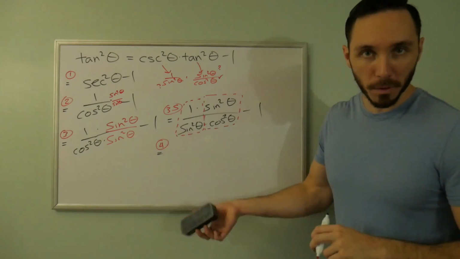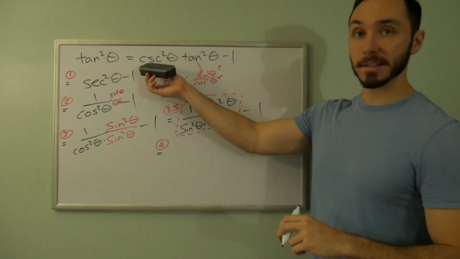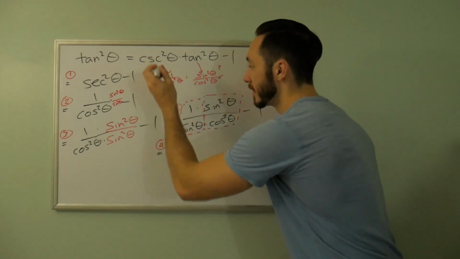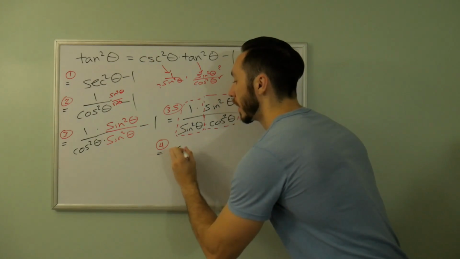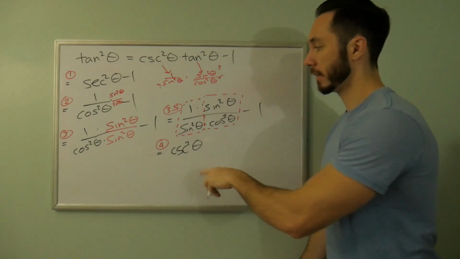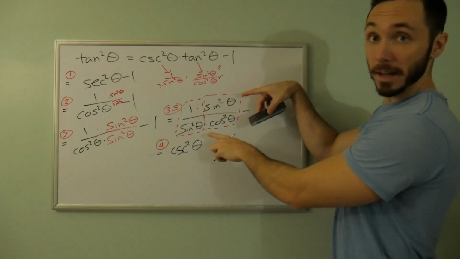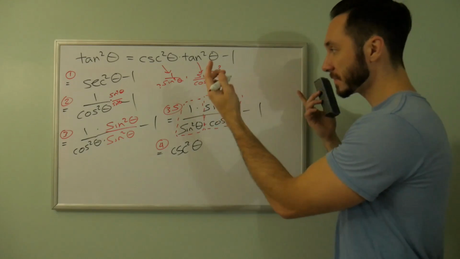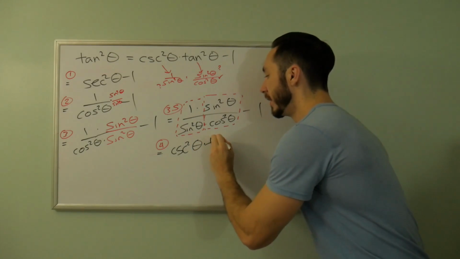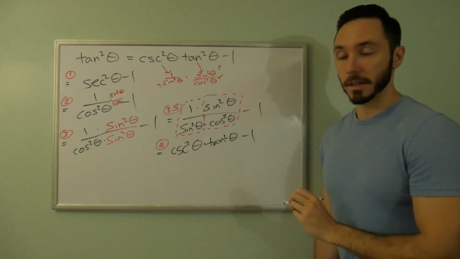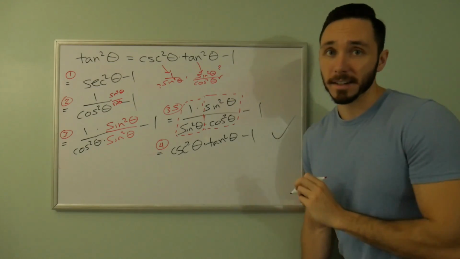I know something about 1 over sine. That's cosecant. That's what I was trying to get all along. So I'm going to rewrite this immediately as cosecant squared theta. I'm running out of writing space here. I know that sine over cosine is tangent. Perfectly written out for me right here. And that's exactly what I needed. That minus 1 is just chilling off to the side, and that's the entire proof.